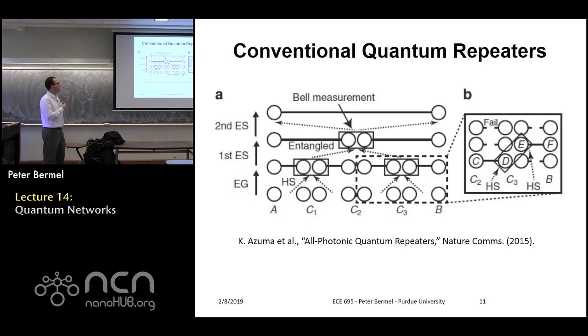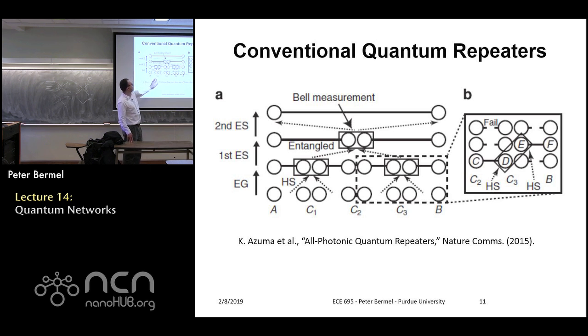Okay, and so this is showing the fundamental concept of quantum repeaters. You can have multiple Bell measurements to check entanglement over local scales. Rather than trying to initially go all the way from A to B, you have these intermediate nodes, C1, C2, C3, that allow you to perform a series of Bell inequality measurements to see if you can maintain entanglement between pairs of locations.